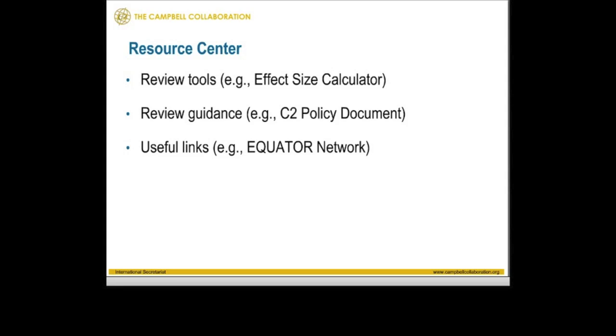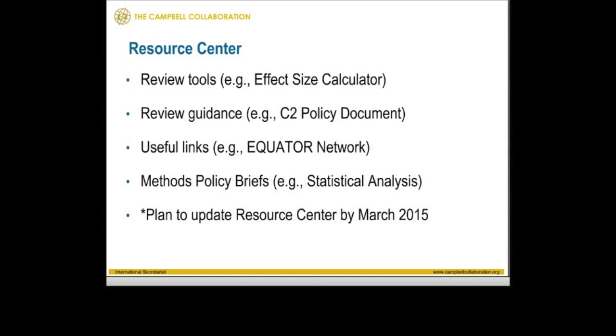We also have useful links in our resource center to other resources, such as the Equator Network. And we also provide methods policy briefs, again, on specific issues that you might run into. We also plan to update our resource center by March 2015 so that it becomes more useful for everyone who is interested in completing a systematic review.